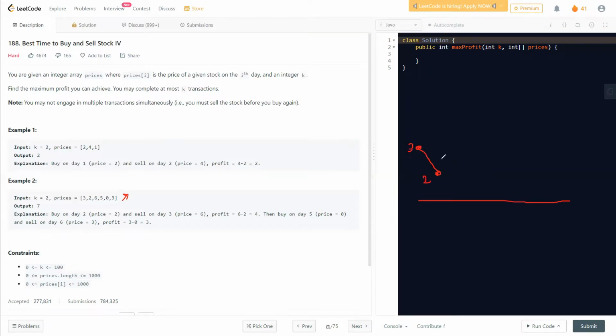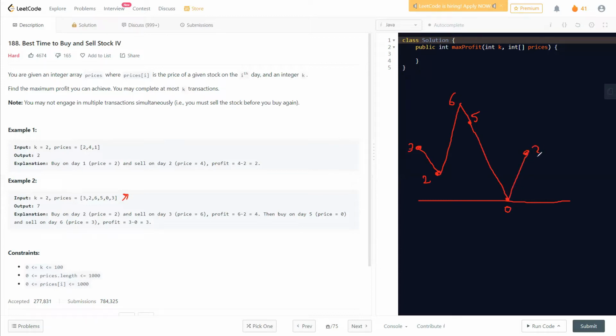We got 2, and then our price increases to something like 6. Fine, so that's the 6, and then our price decreases to something like 5. Okay, let's just draw this graph, it will be much more helpful to understand. Then our price decreases to something like exactly 0. Fine, so that's the 0 we have, and then our price increases back to 3.